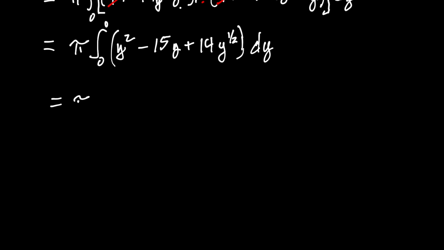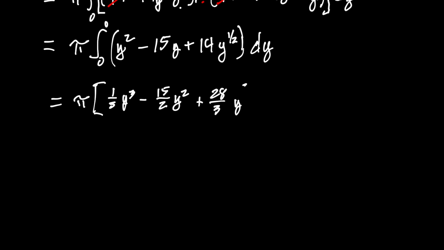I have pi times 1/3 y cubed minus 15 over 2 y squared plus 2 divided by 3 times 14, so 28 thirds y to the 3/2, because we have to increase that exponent by 1. And this is getting evaluated from 0 to 1.